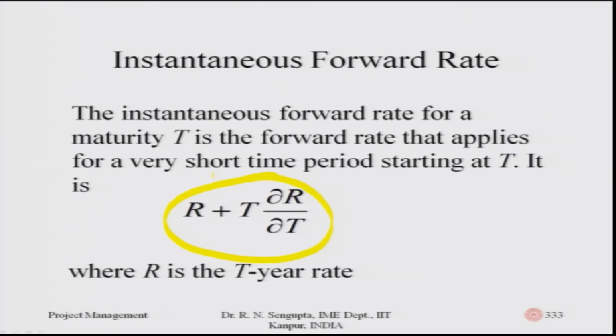If you utilize this formula, you will be able to find out, using the simple concept of bootstrapping, each time period forward rate given the value of the zero rate is known to you. Based on that you can find out at any instant what is the project yield, what is the project value, what is the project's IRR, and so on, based on which you can take a judicious decision about the project.